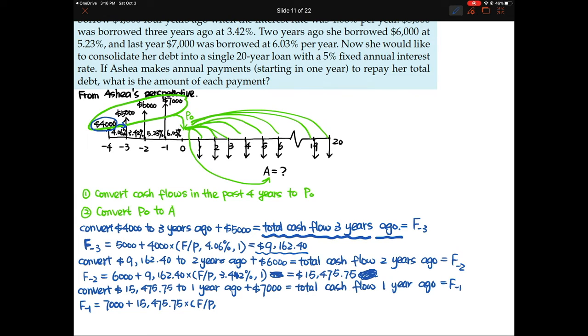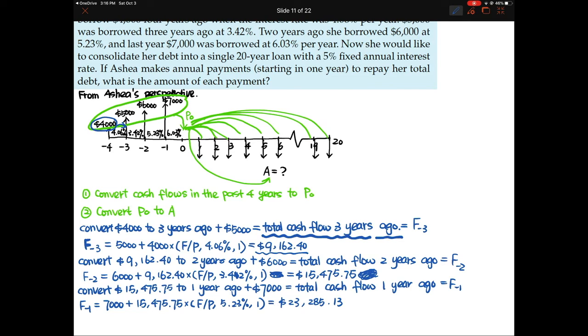So it's 5.23%. Number of period is 1. And this value is 23,285.13.